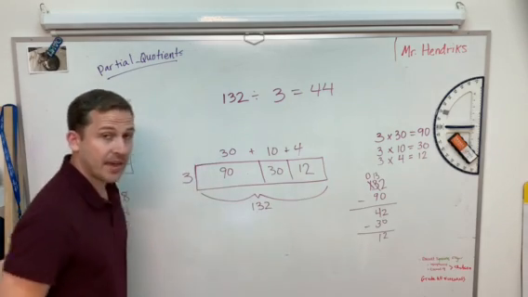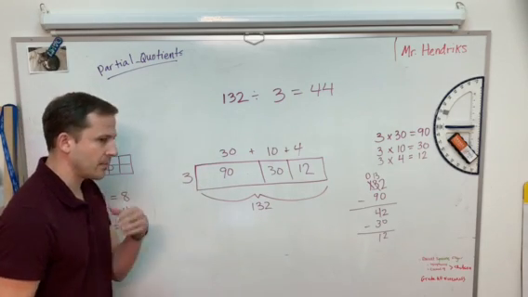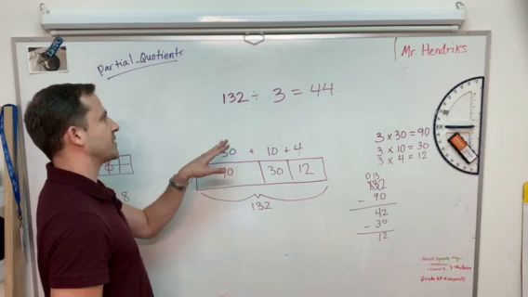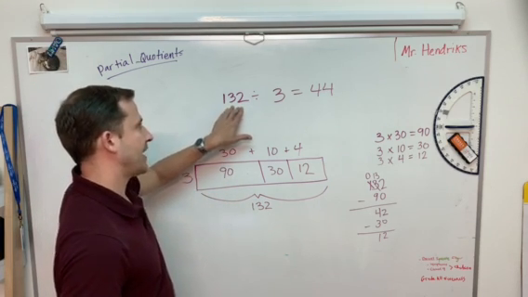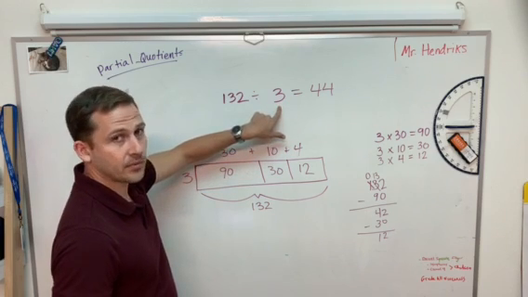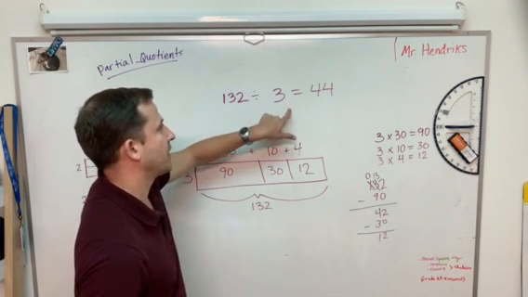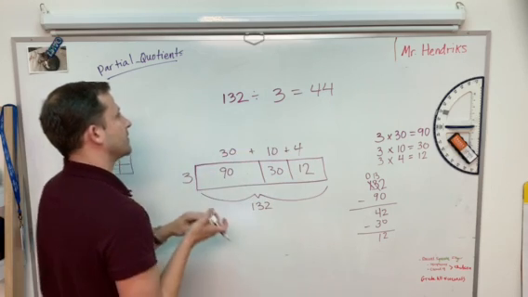Now, if we were to think about that in cookies and friends, we can make those statements we've been making, where we say we started with 132 cookies, we divided them equally amongst 3 friends, and each friend got 44 cookies.